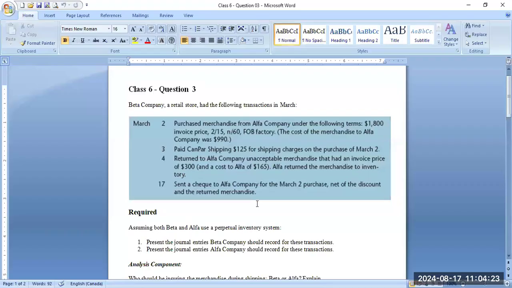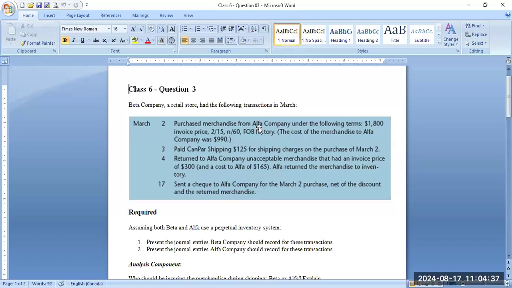Let's see question number 3. Okay, this one is a little bit more interesting, and I want us to go over this question a little bit more in detail. So here we have those two companies, Better Company, a retail store, that has the following transactions in March.